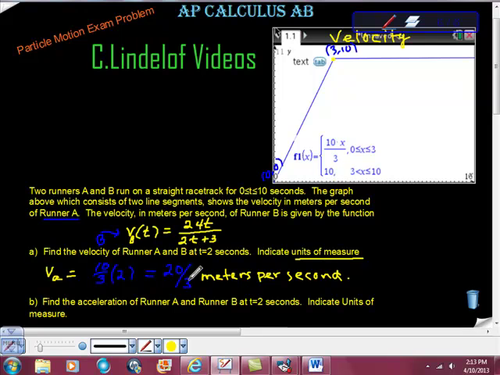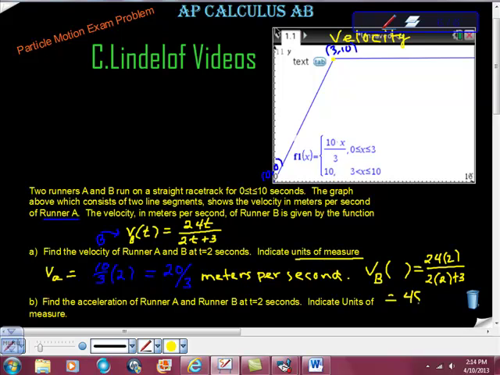The velocity of, so this is the velocity of A. Velocity of B, right, is equal to this. So 24 times 2 over 2 times 2 plus 3, which is equal to, what was it, 48 sevenths, right?